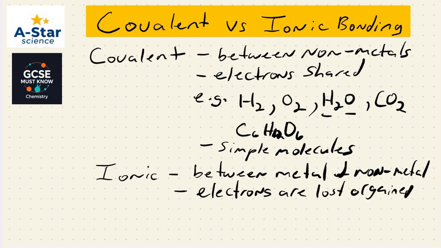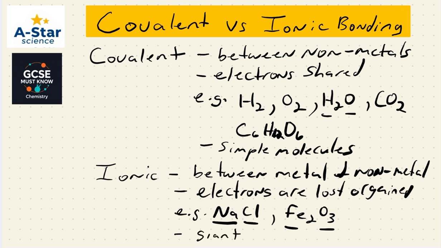An example of this is sodium chloride. We see a metal, sodium, and chlorine is a nonmetal. Iron oxide is another example. These are very good examples. You have metals and nonmetals, okay? And they form giant lattice structures.